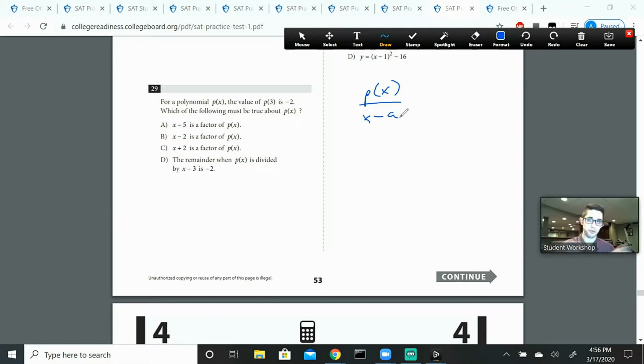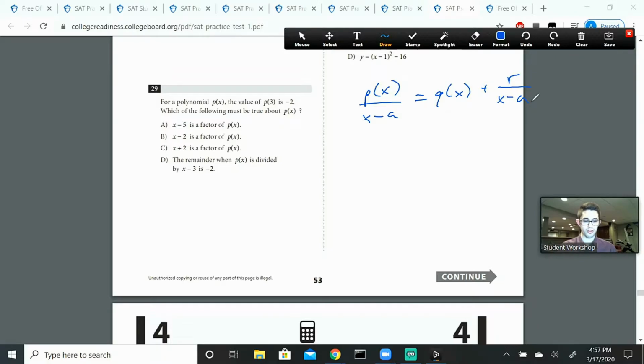A represents any number, any constant. Could be 3, could be negative 100. And as you saw when we did that division, we ended up with some other polynomial, q of x. In our other one, it was negative x plus 3. And then it was plus the remainder over what we divided the original polynomial by.